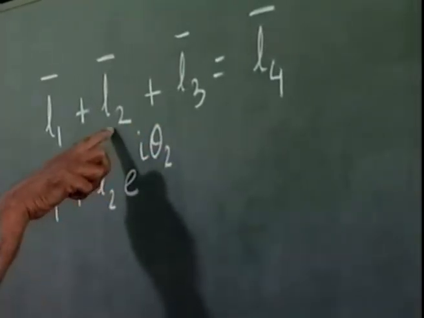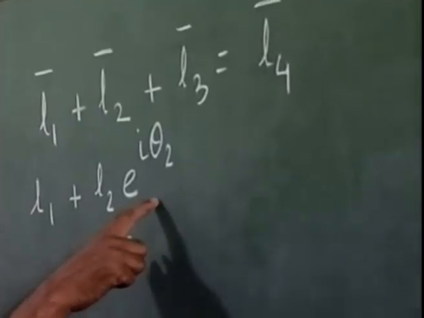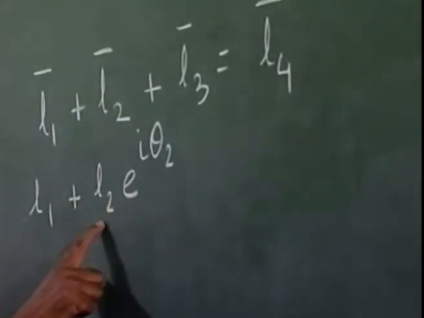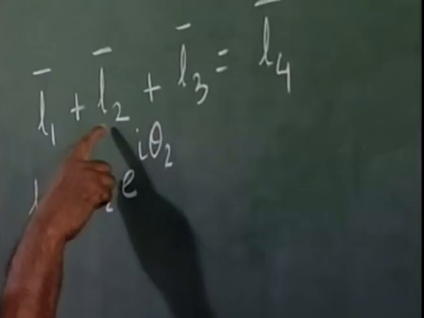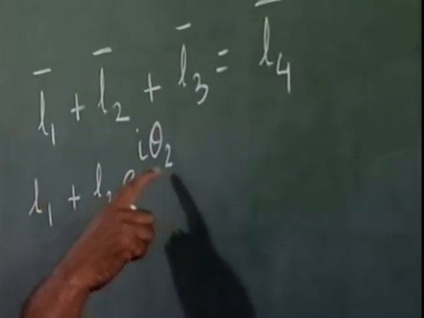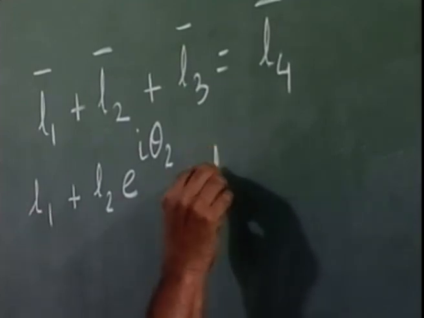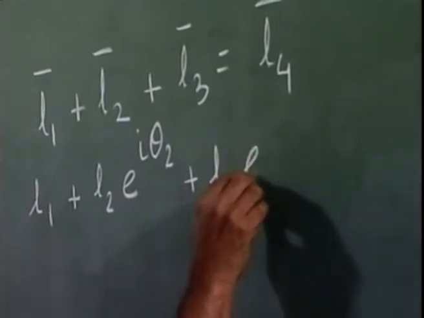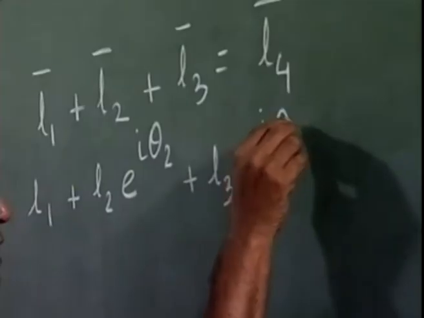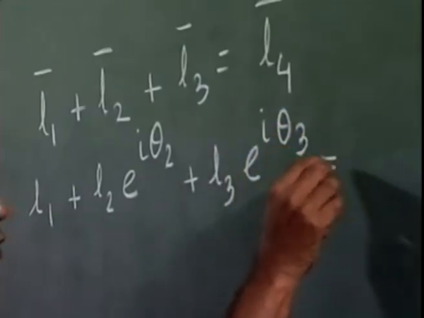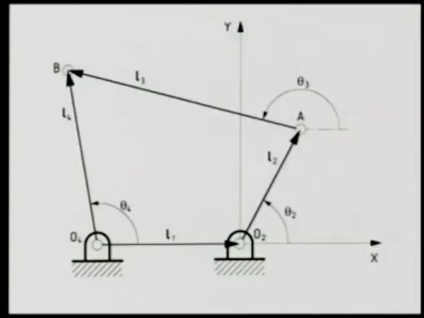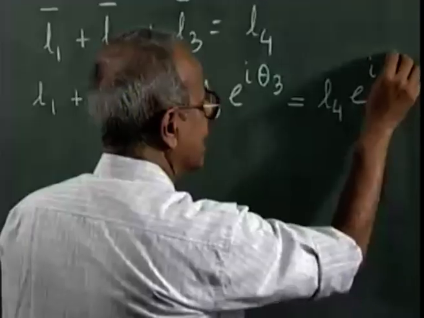The vector L2 can be represented by this complex exponential notation. Magnitude is L2 and the orientation of this vector with the positive x-axis is given by theta 2. Similarly, L3 vector is L3 e to the power i theta 3 is equal to L4 e to the power i theta 4.